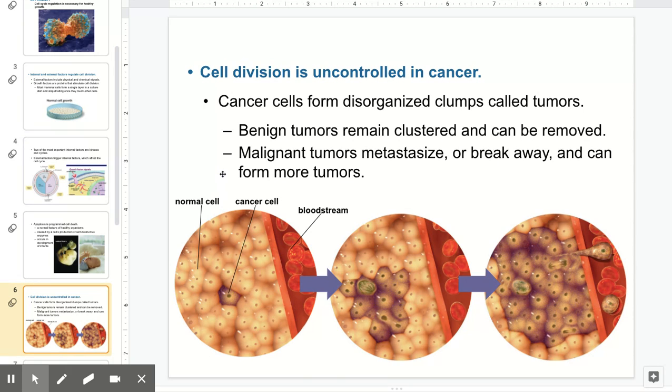Now, malignant tumors, these tumors can travel to other parts of the body. They might be like a stage 3 or 4 cancer, and they can travel through the bloodstream to other areas of the body. So if you've heard of somebody starting with one type of cancer and then developing yet another type of cancer, even in a different location, that is because that particular type of cancer is malignant and is traveling through the bloodstream.